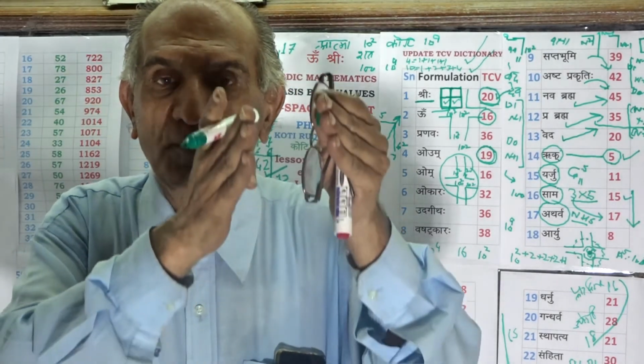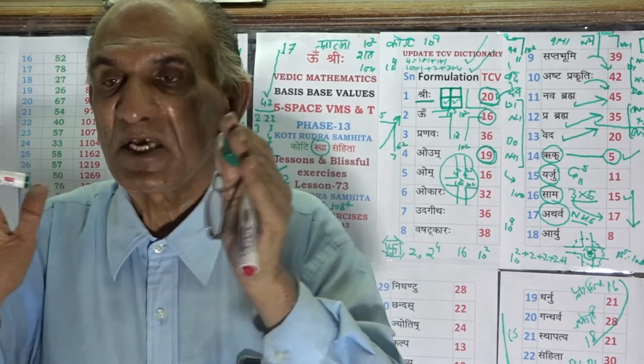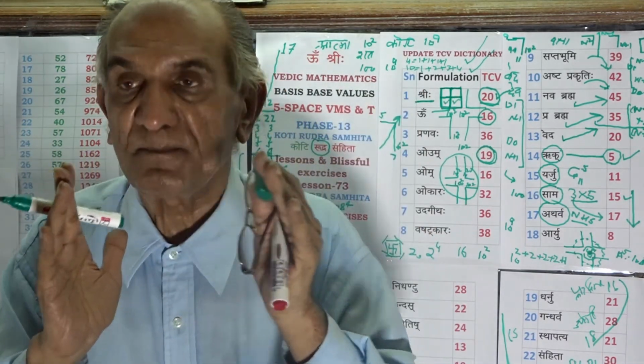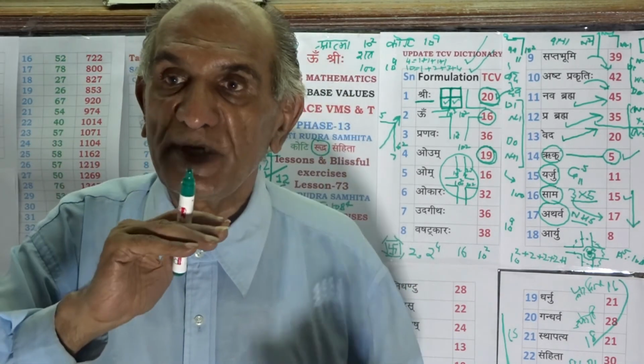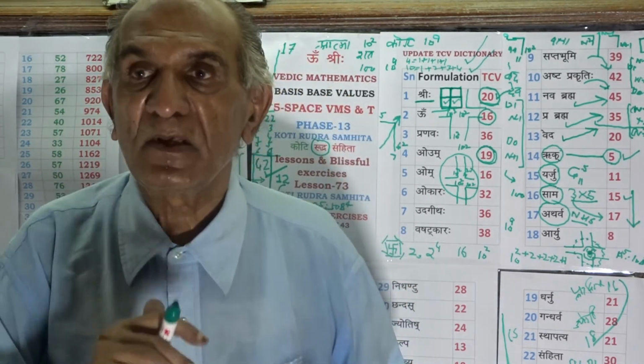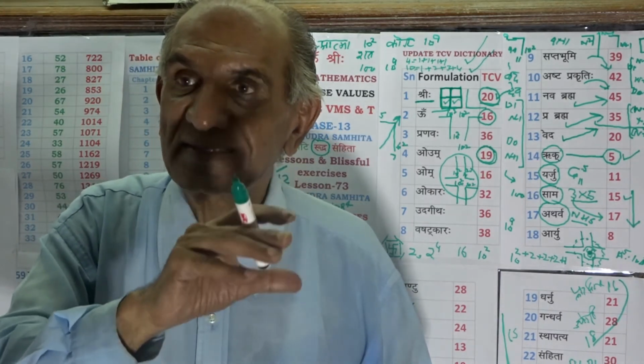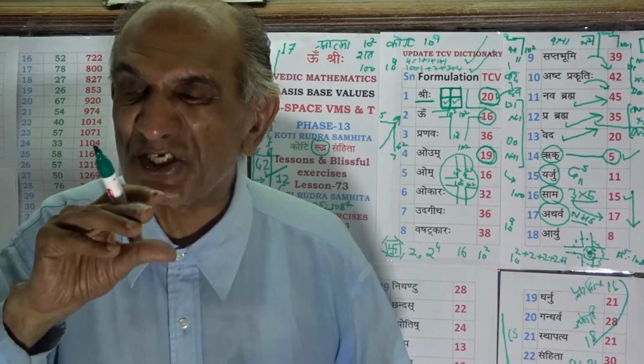Therefore, hypercube 5 and hypercube 6 are to be together approached, together handled. It will provide us the necessary transition.